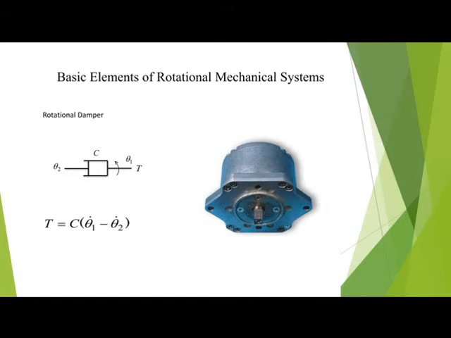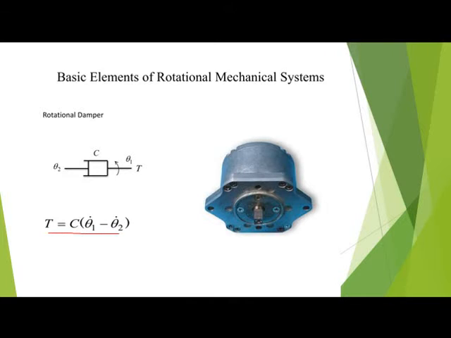Okay. Next is another rotational mechanical element, that is the rotational damper or dashpot. This is part of the rotational mechanical system, and this is the dashpot. It also has a symbol, and here we see the coefficient of friction, with theta 1 and theta 2, which are also angular displacements, and this is the external torque.